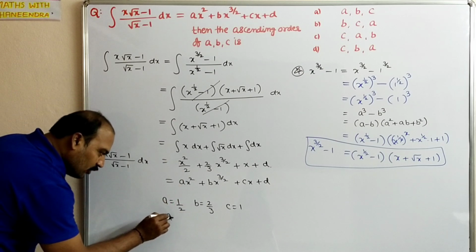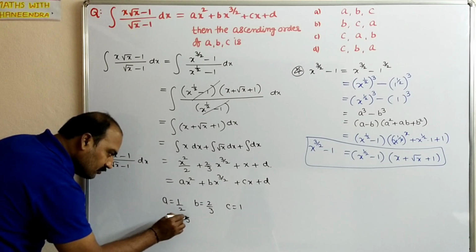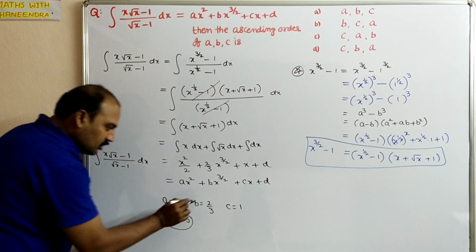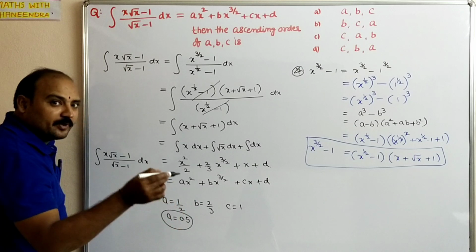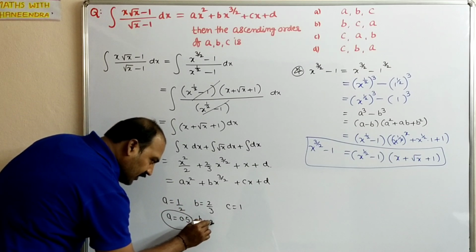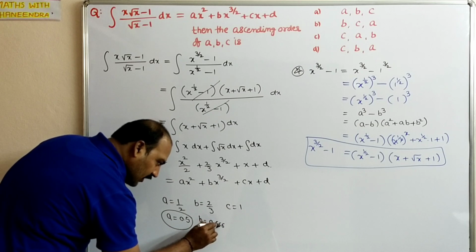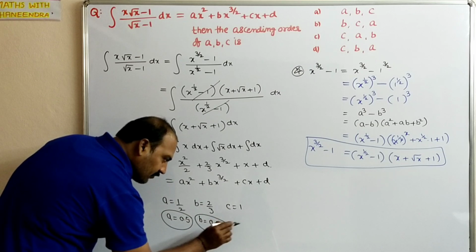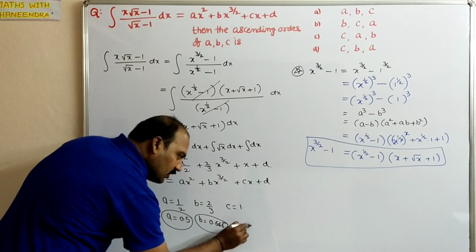A value is 1 by 2, that means 0.5. B is equal to 2 by 3, that means 0.666 and so on. And c is equal to 1.